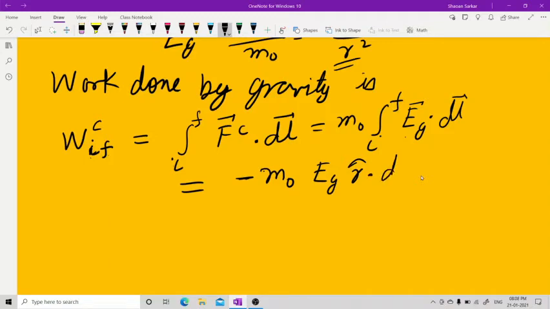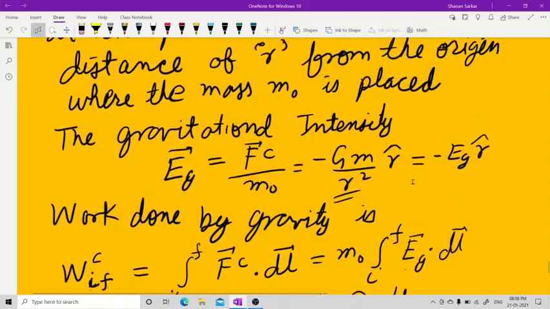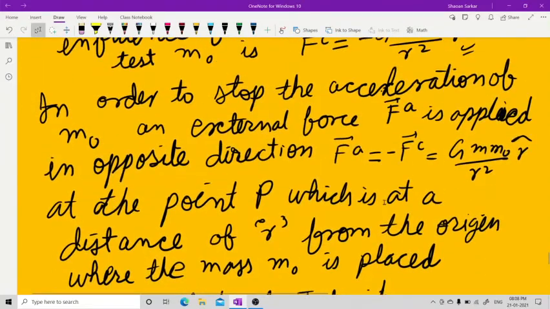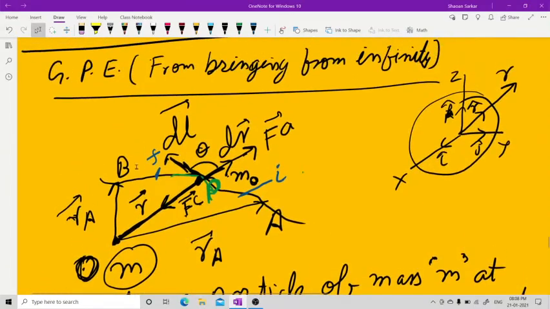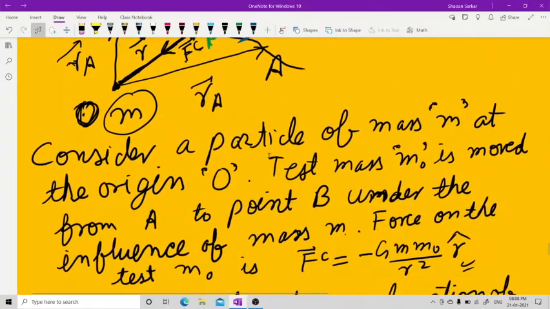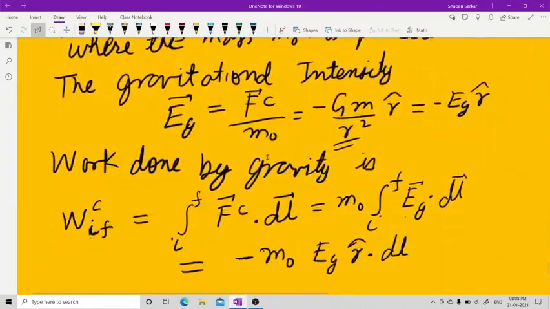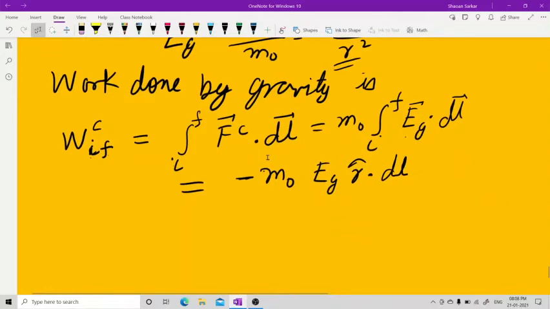Now dl. I'm going to convert this dl towards dr; I'm going to resolve dl to dr. So I'll write dl cos theta r cap.